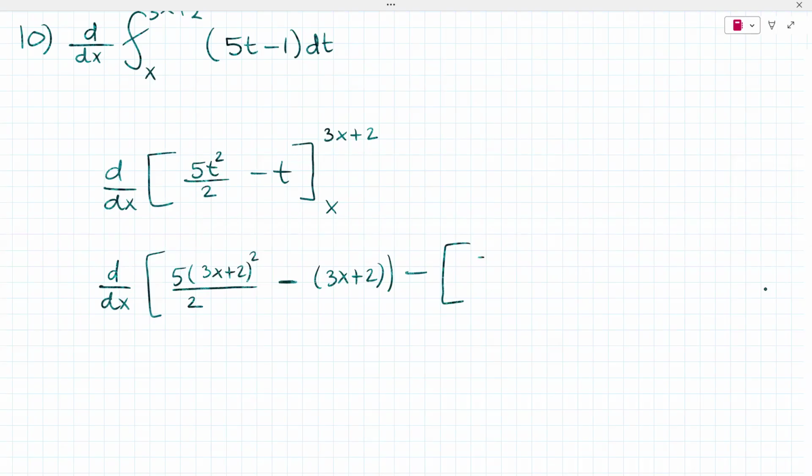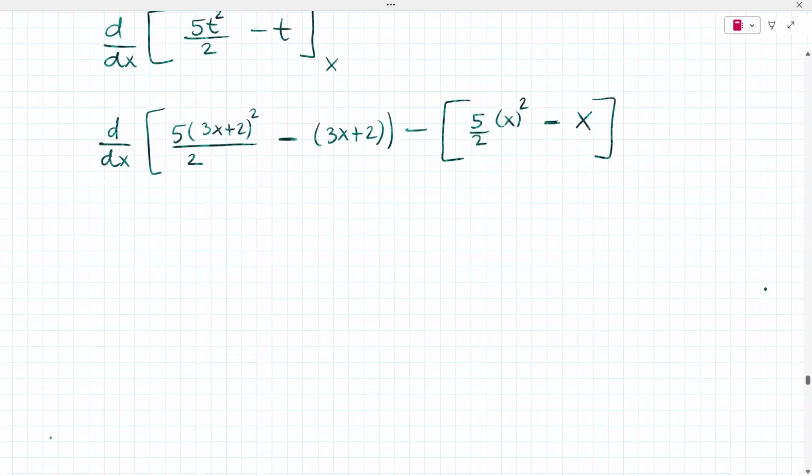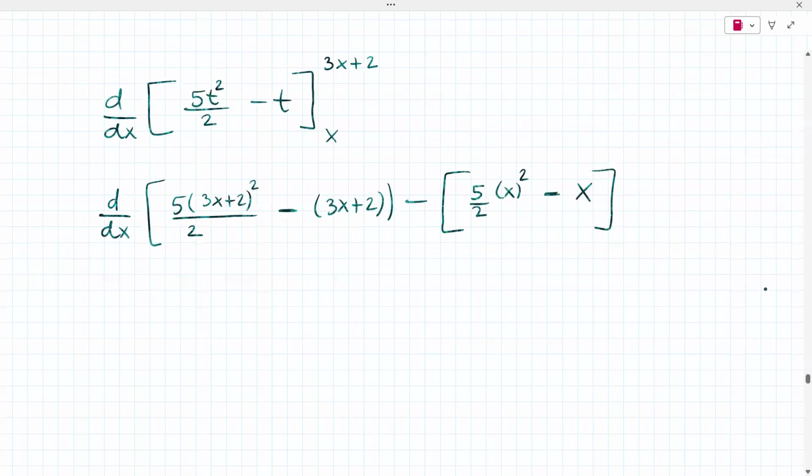So this would be 5/2 x squared minus x. So clean this up. If I FOIL this, minus, this would be negative 3x minus 2. And if I distribute this minus, this would be negative 5/2 x squared plus x. And then you have this 5/2 of 3x plus 2 squared.